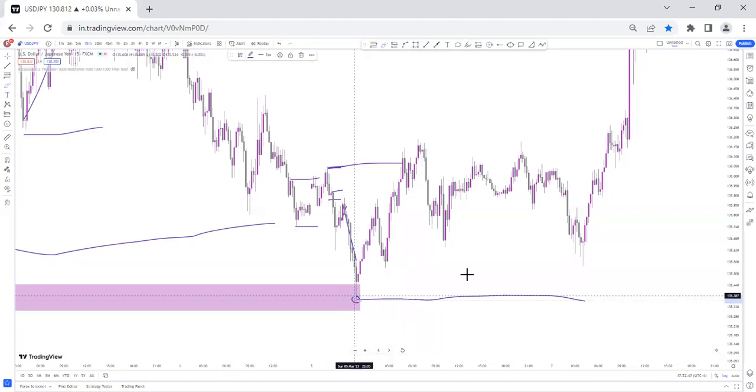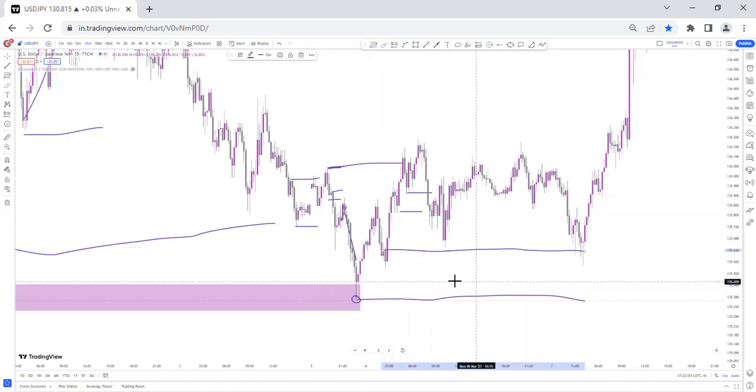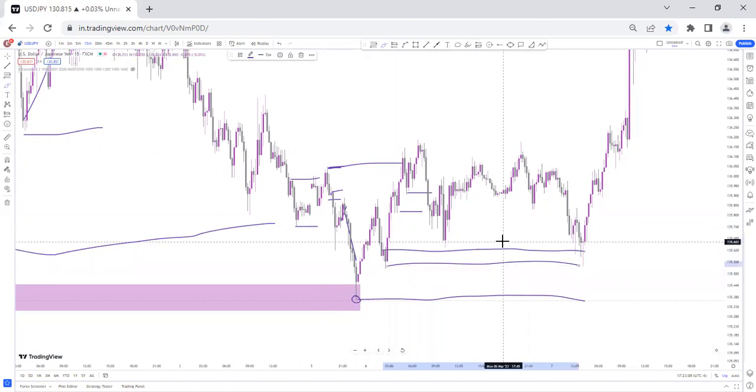And yeah, so you see, after the change of character, you see how price came forward through all of this internal structure. You see price cleared out the liquidity here, cleared out the liquidity here, then came to mitigate something here. You see, we have this clear mitigation. I think I posted this setup on my Telegram channel.